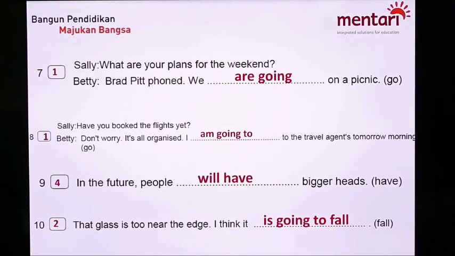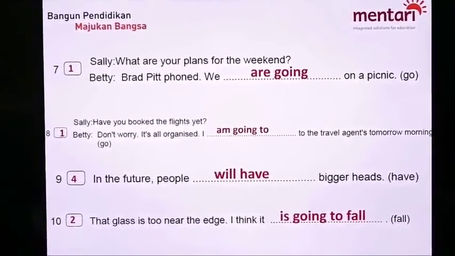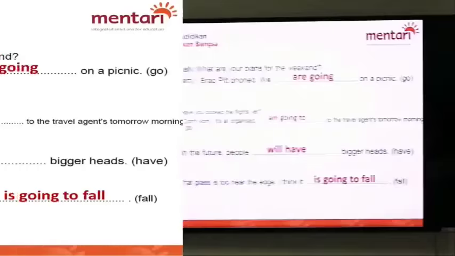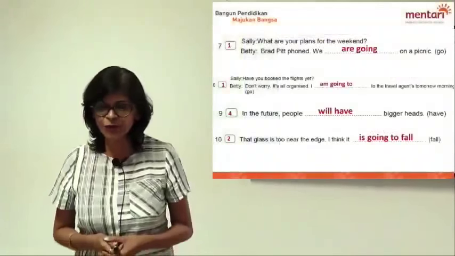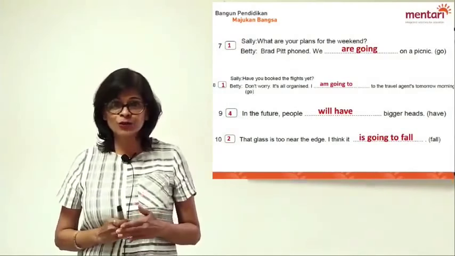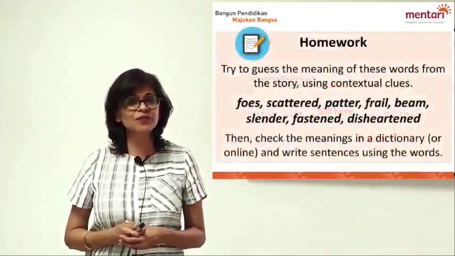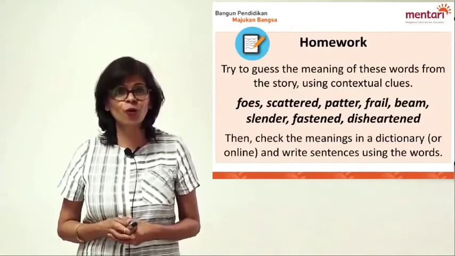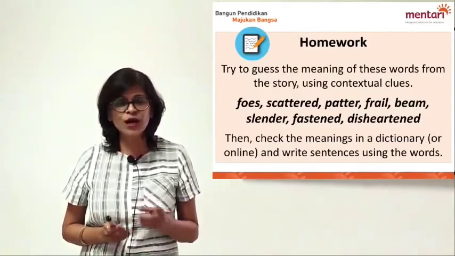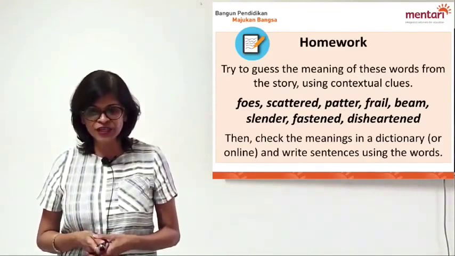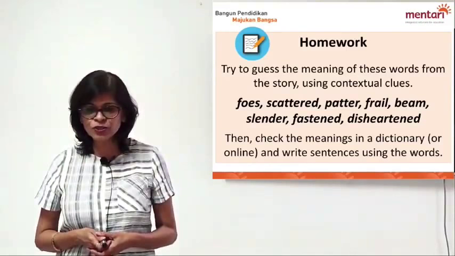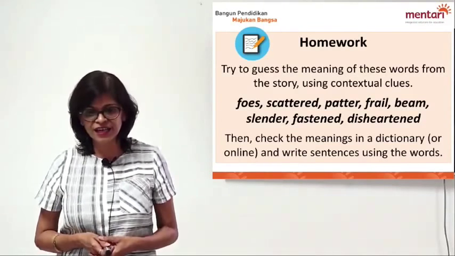Well, children, that was the end of our grammar. I hope you all enjoyed and understood the lesson well. Well, now, before I close, I would like to give you all something to do. It's your homework. Try to guess the meaning of these words from the story using contextual clues.